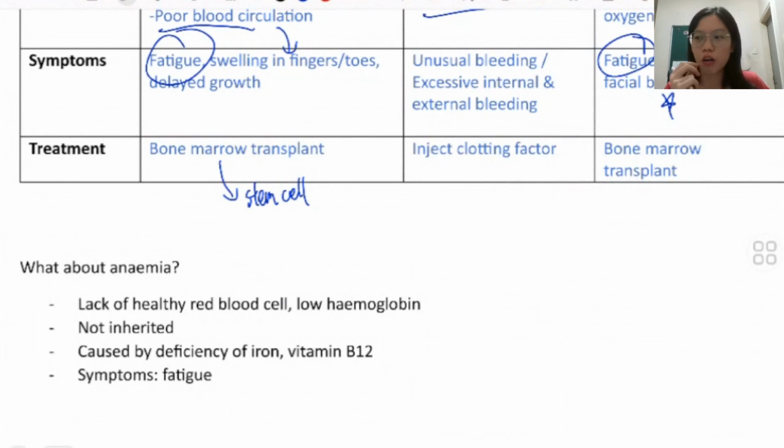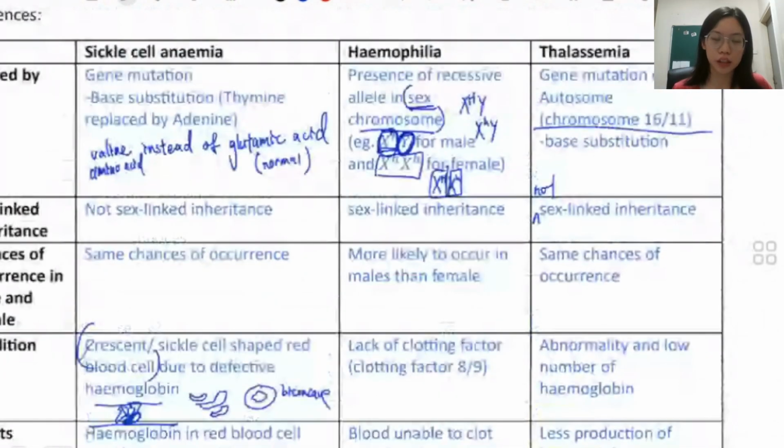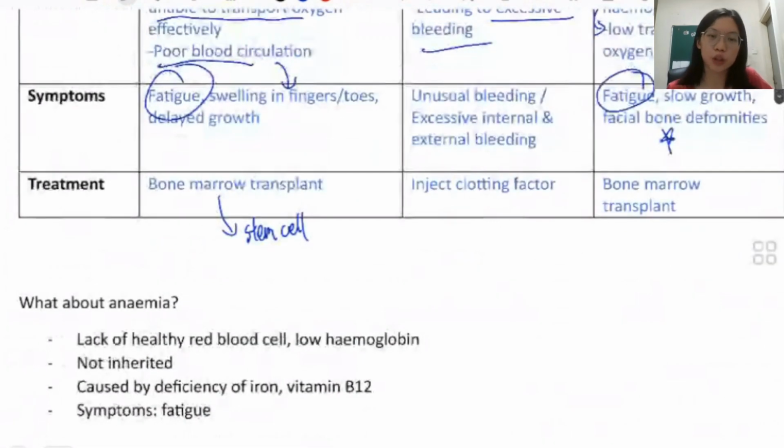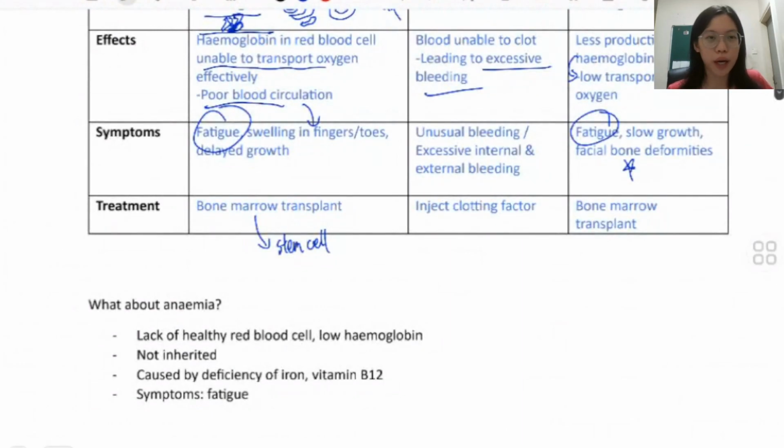So if your nutritional intake, your eating habits, you eat less food that is rich in iron, and vitamin B12 in specific, you may have anemia. It is not inherited, not like these three, which are inherited. And the symptom is also fatigue, since all these are related to red blood cells playing a very vital role in transporting oxygen.